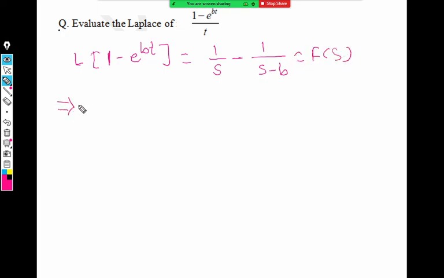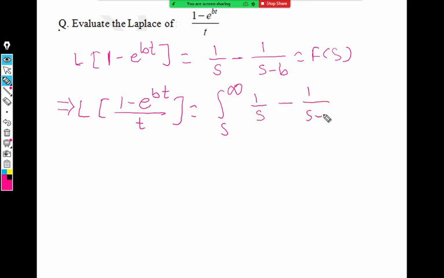This gives us the Laplace of 1 minus e raised to bt divided by t, by the division by t property. So it's the integration from s to infinity of f(s) ds. So I'll write f(s) here directly: 1 by s minus 1 upon s minus b, and that's a ds. Now what is the integration of 1 upon s? Log s. Correct. And the integration of the other term?